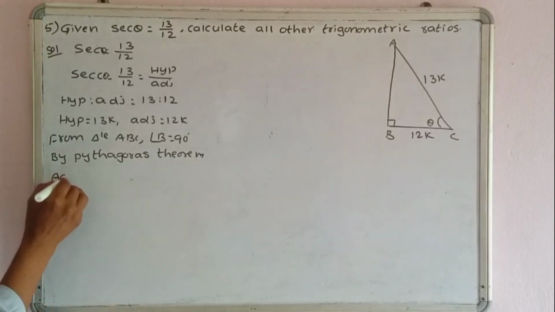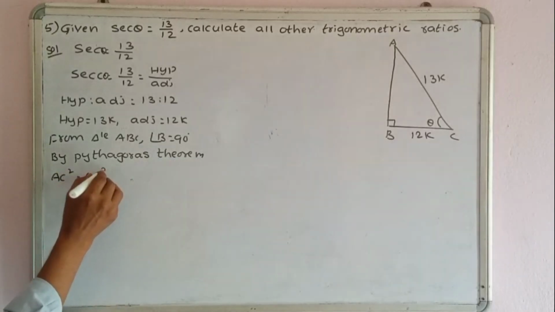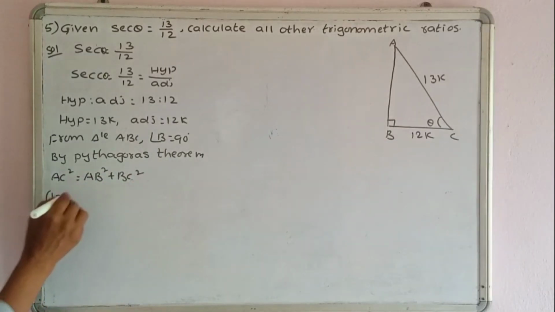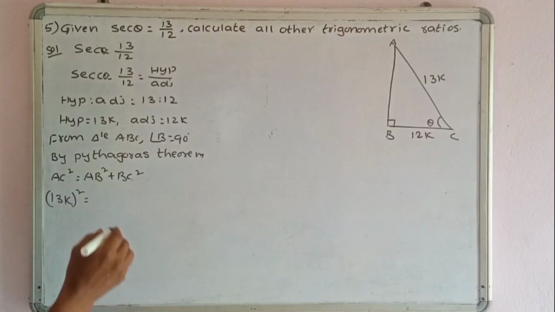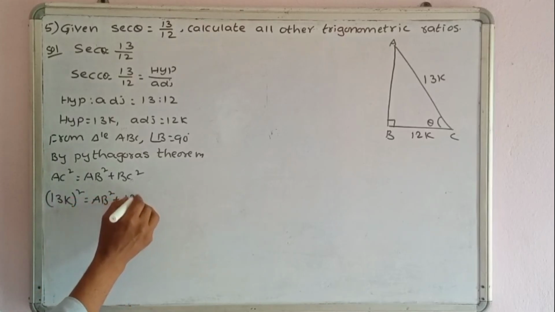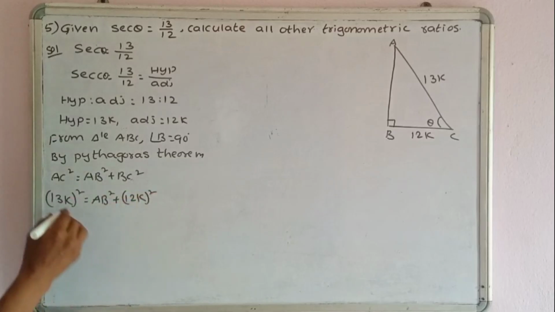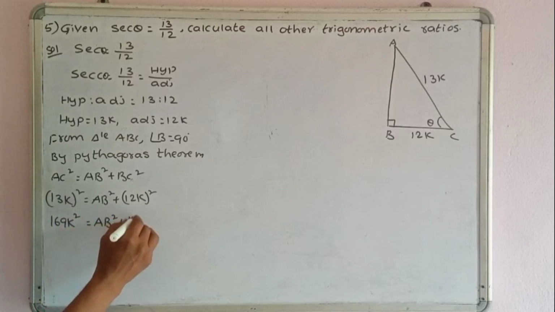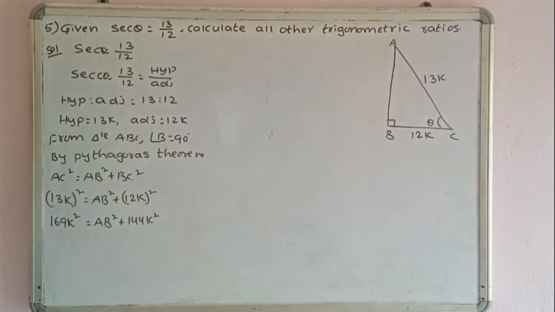hypotenuse square, AC square equals AB square plus BC square. Here AC value is 13K whole square equals AB, we don't know, AB square plus BC value 12K square. 13 square value 169K square equals AB square plus 12 square value 144K square.